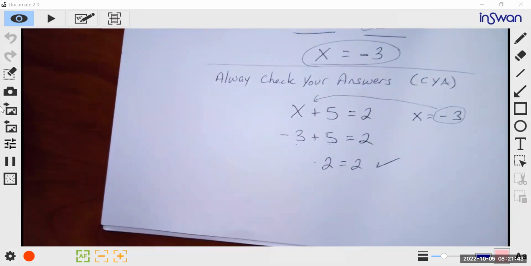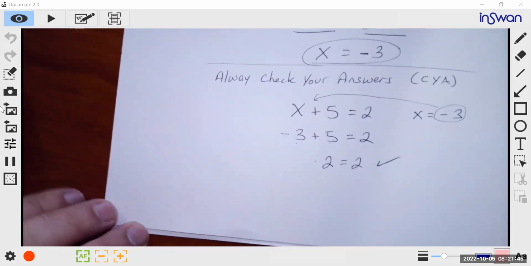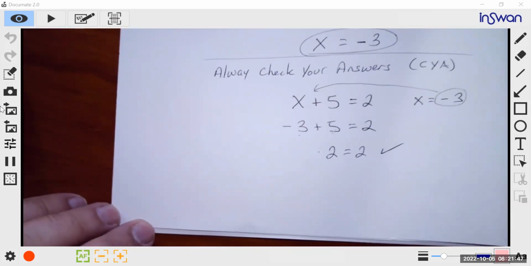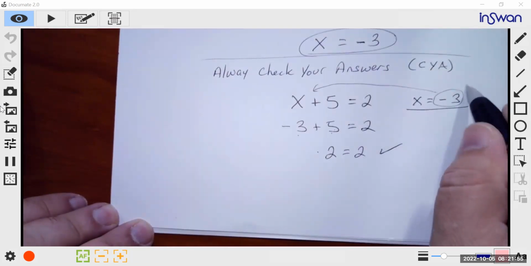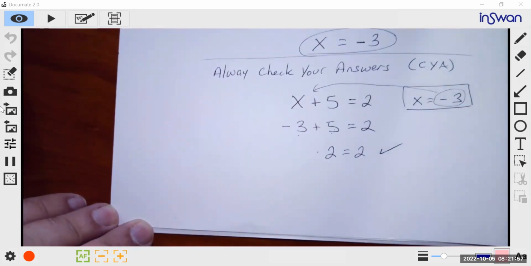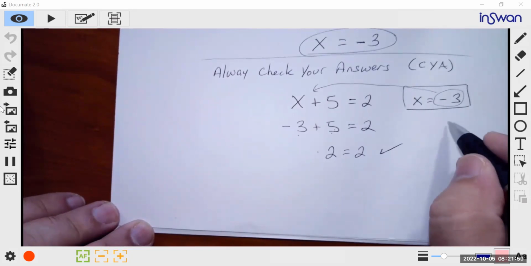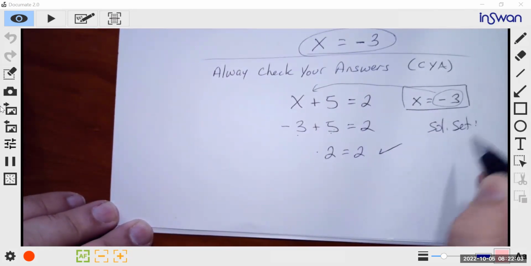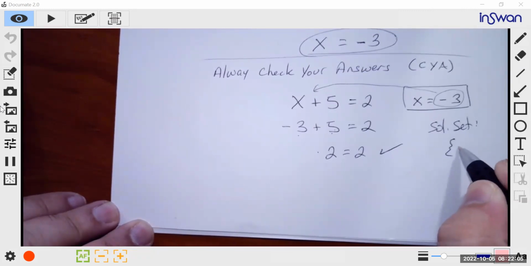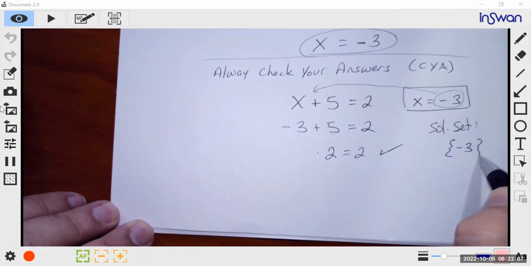It checks. So what's my solution? My solution is x equals negative 3. My solution set is squiggly line, negative 3, squiggly line.